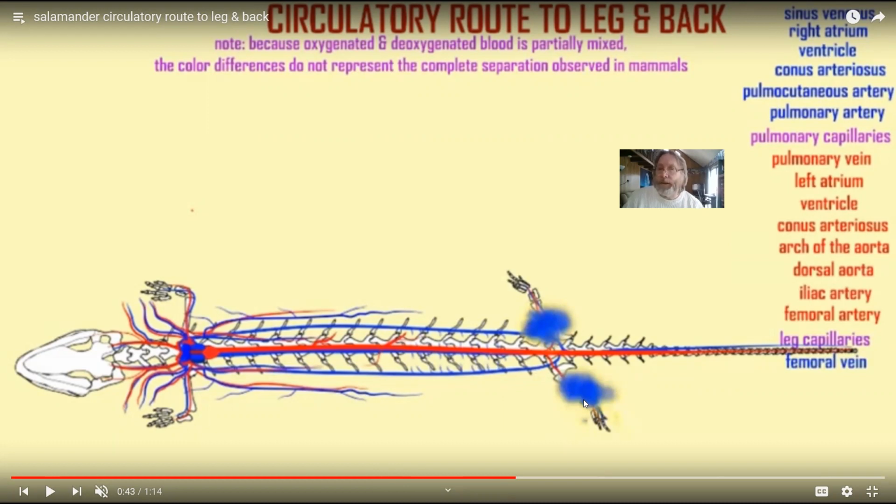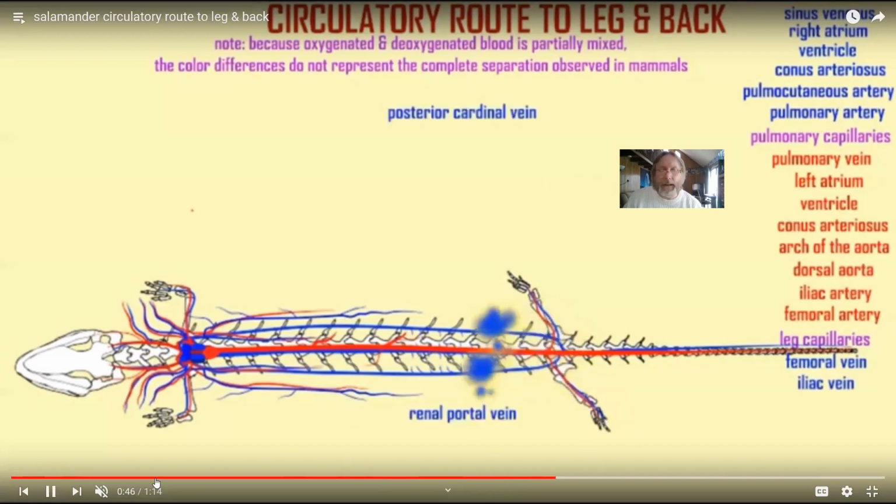There are salamanders whose legs are much reduced. There are salamanders which are 4 feet long, and so the arteries of the leg can vary. There are capillaries in the leg, then the femoral vein can then form an iliac vein.